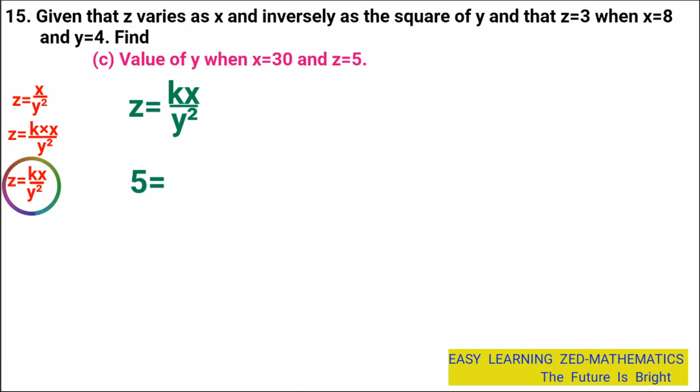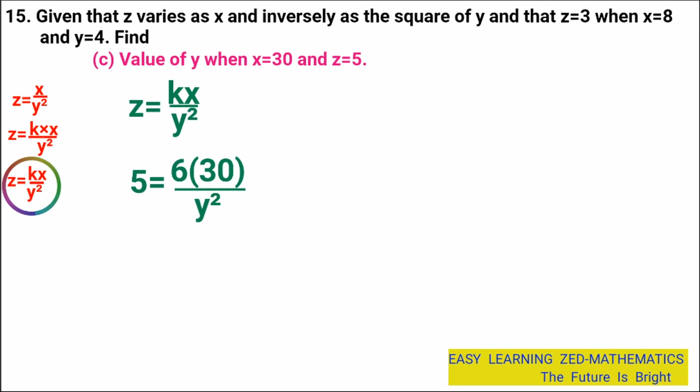Then we are given the value of z, which is 5, which will be equal to, now we know that the constant of variation, which is k, is 6. Then we are also given that x is equal to 30, so 6 multiplied by 30 over, now the value of y is what we want to find, we don't know, so we're going to say over y squared.